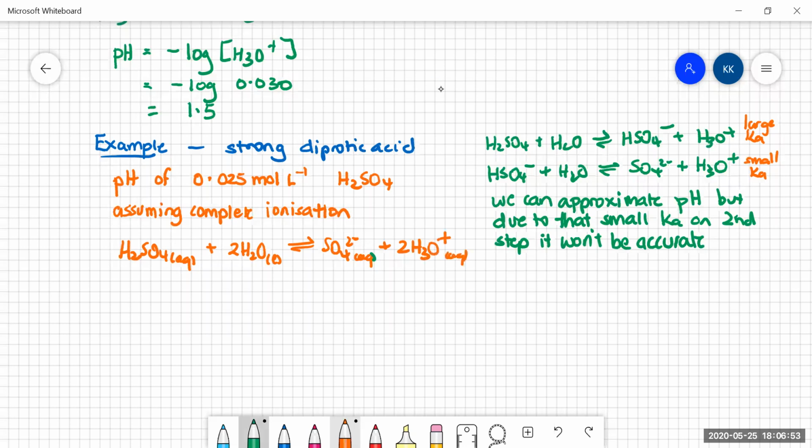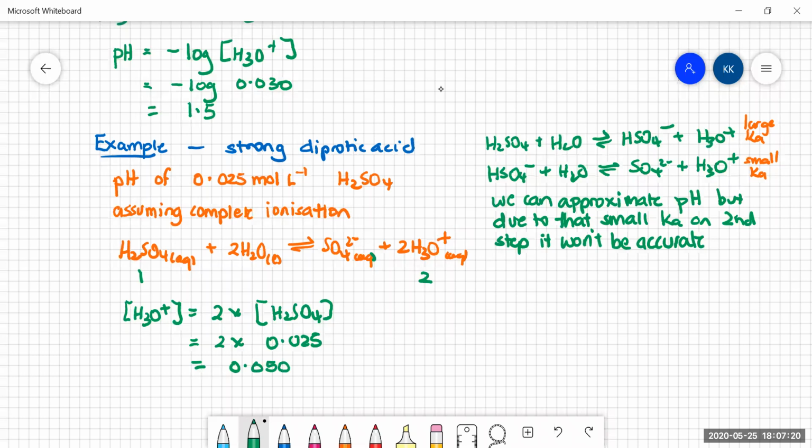So that means that our mole ratio now between the acid and the hydronium is 1:2. And what that means is that the concentration of hydronium ions is going to be twice the concentration of sulfuric acid. And in this example, that's going to be 2 times by 0.025, which is going to be 0.050 moles per litre.